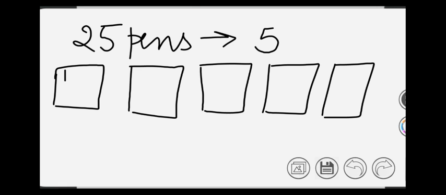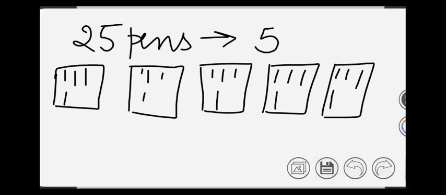So 1, 2, 3, 4, 5, 6, 7, 8, 9, 10, 11, 12, 13, 14, 15, 16, 17, 18, 19, 20, then 21, 22, 23, 24 and 25.